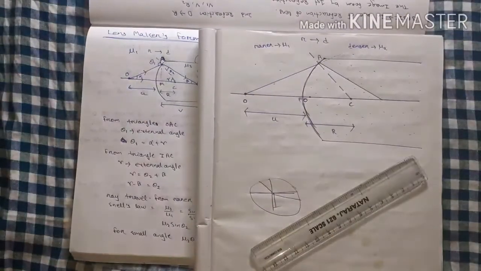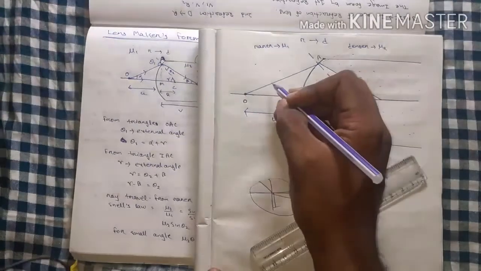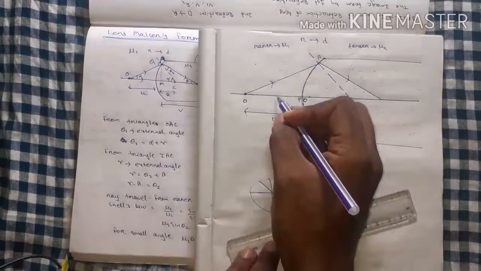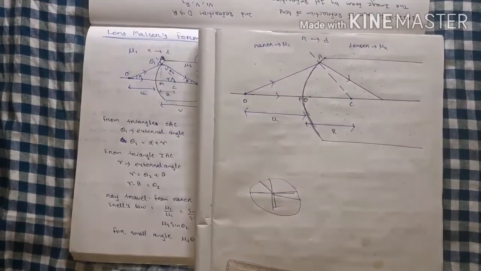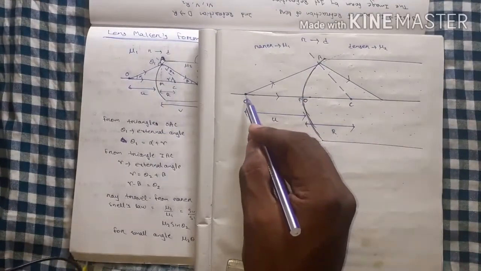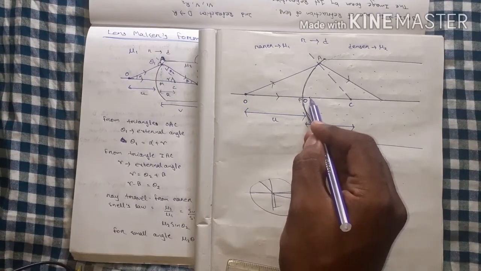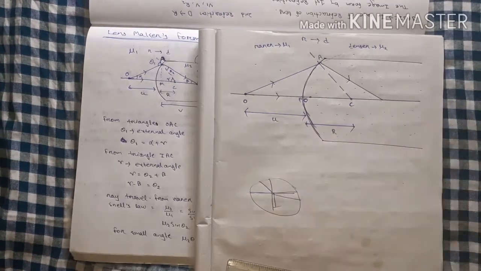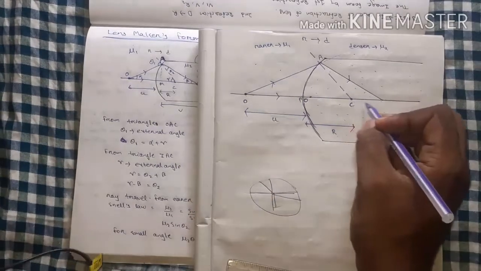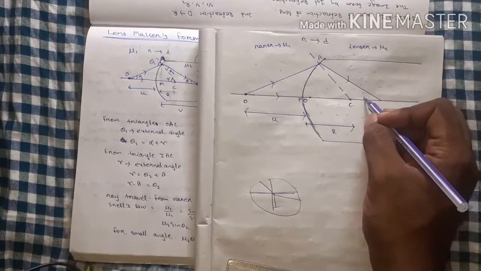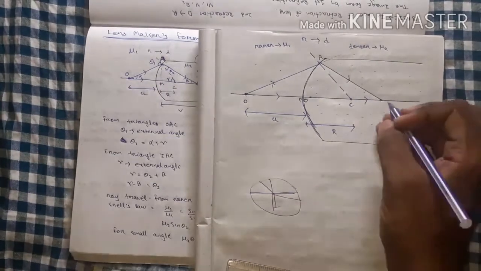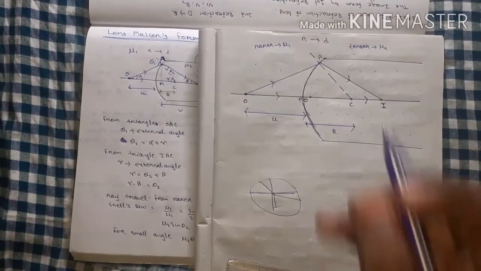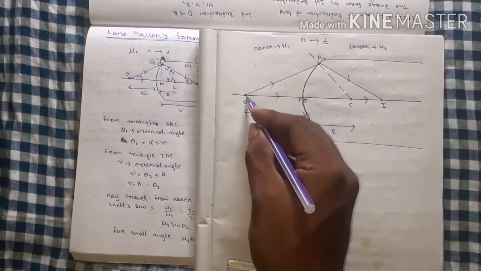This is one ray from the object, and this is another ray from the object. We know that if any ray travels through the optical center, its path stays in the same direction with no deviation. The other ray meets at this point, so an image is formed. The distance from the optical center to the object is the object distance u.